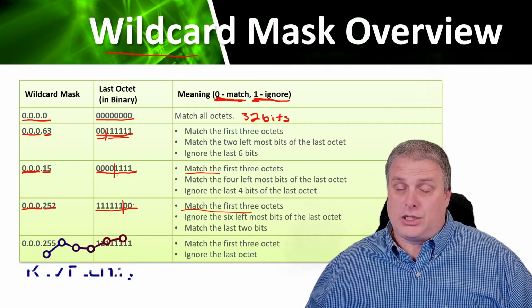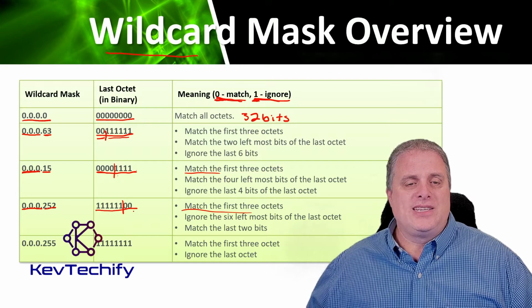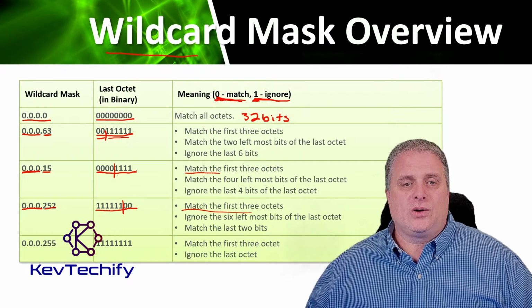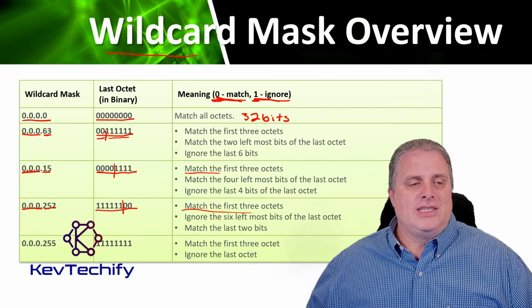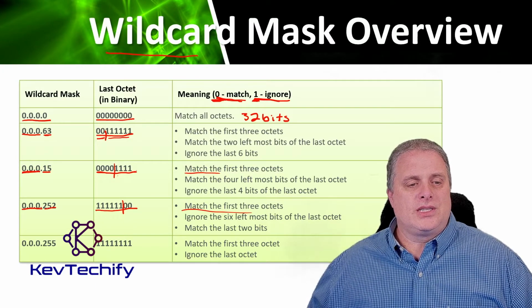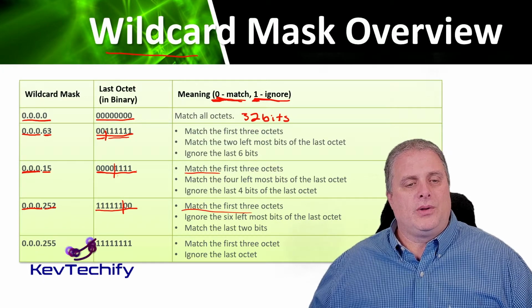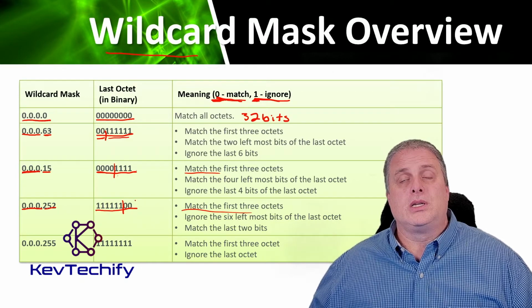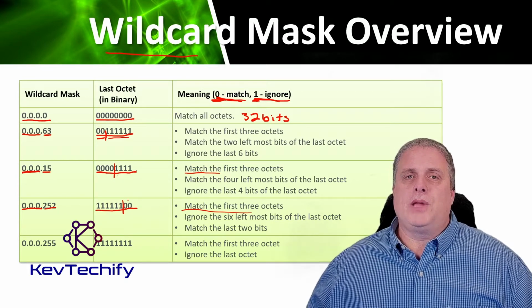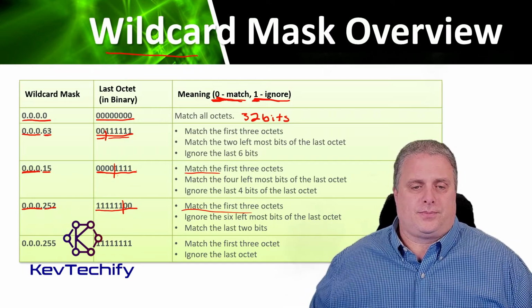But the last 2 bits, we're going to match because we have zeros in those bits. A 0 in a wildcard mask means we are matching that. So we go from zeros to ones to zeros, whereas in a subnet mask, once we changed, we could never go back.